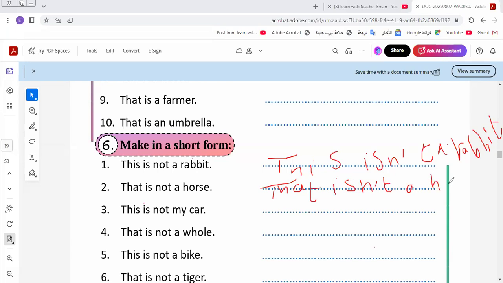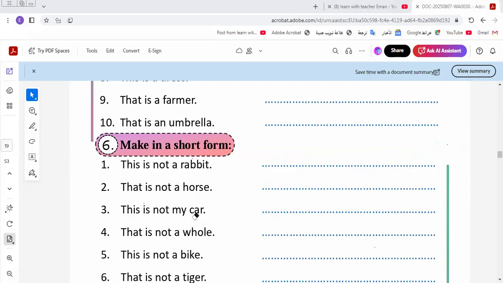This isn't my car. I leave the rest for you to do by yourself as homework. Let's go to the next question.